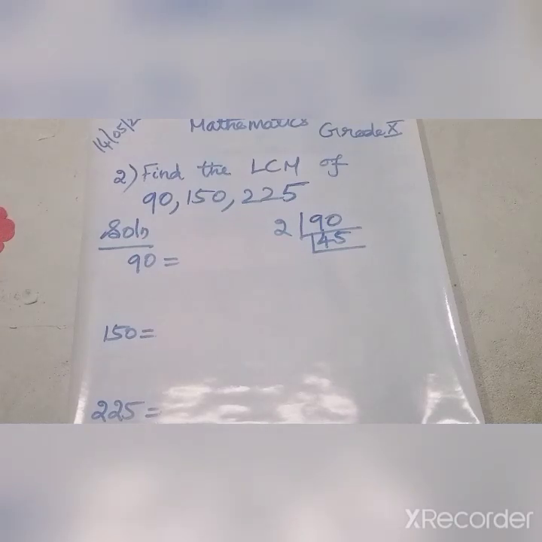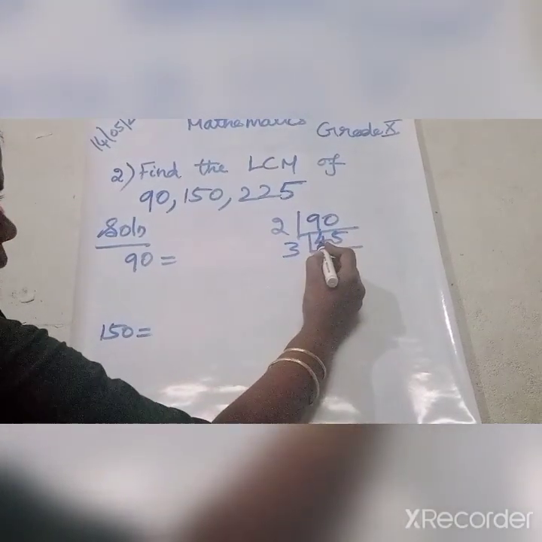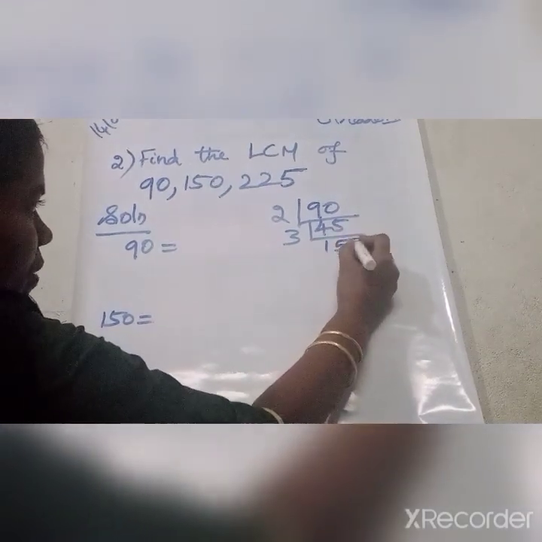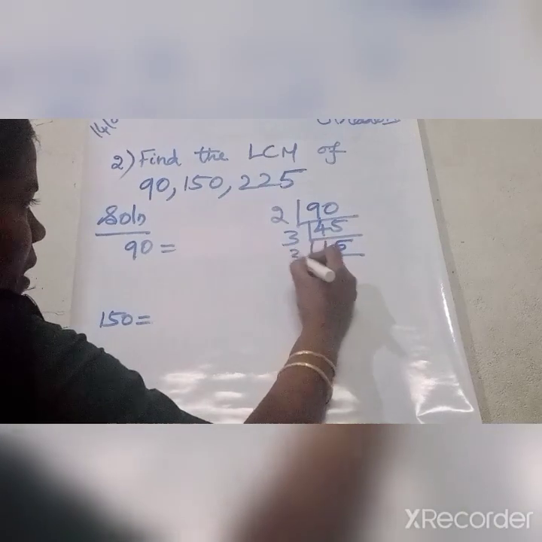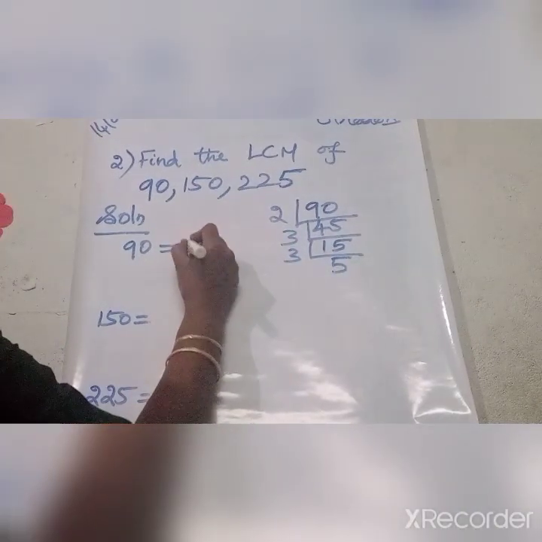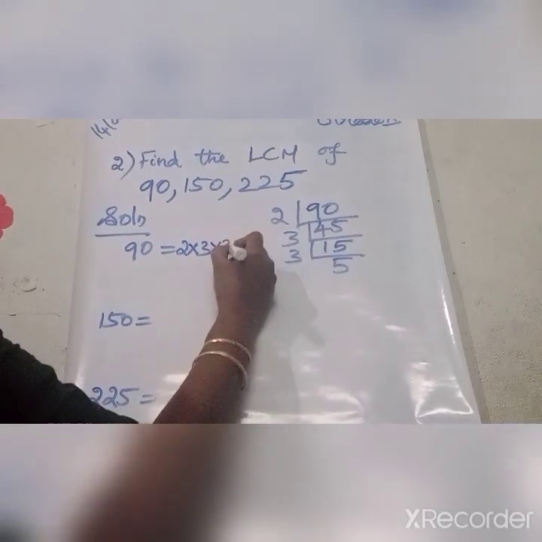Again, 2 table is not possible, it is an odd number. So 3 table, 1 3 is 3, 1 balance, 1 and 5 we have to consider 15, 5 3s are 15. Further 3 table, 5 3s are 15. So 90 can be written as 2 into 3 into 3 into 5.